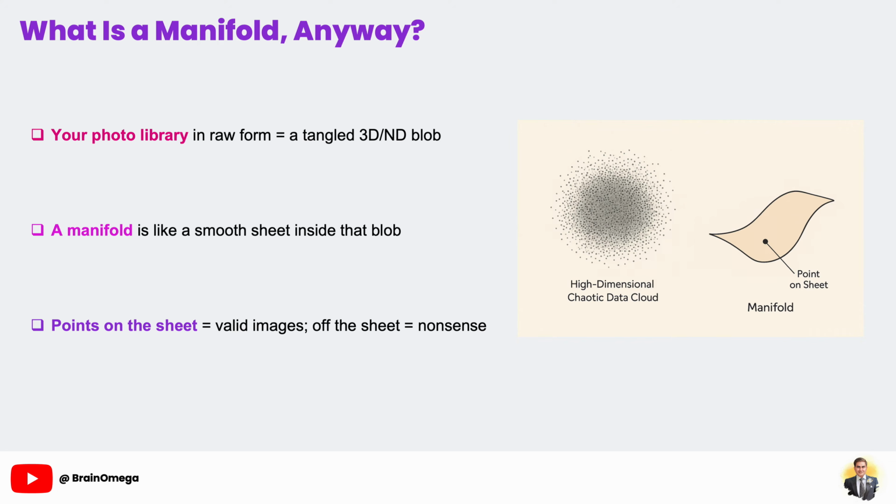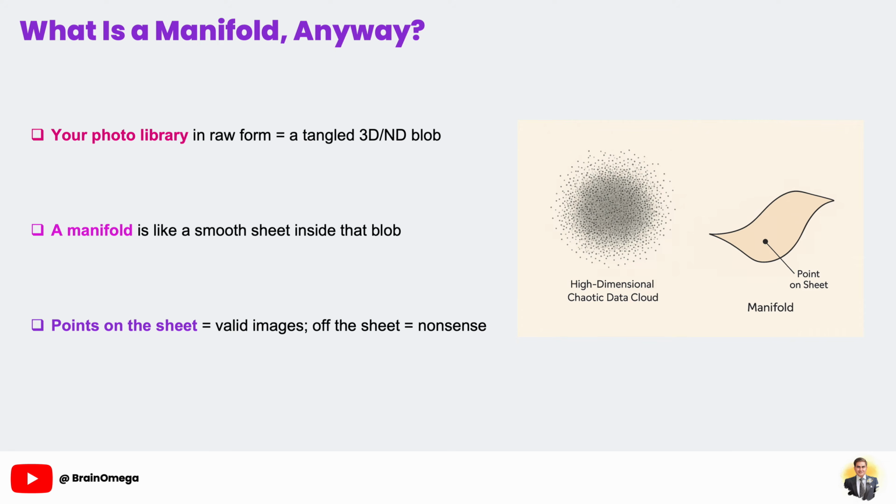But here's the kicker. Even though those photo points live in ridiculously high-dimensional space, they don't fill that space uniformly. Instead, they cluster together on a much smaller, smooth surface that winds and curves its way through the chaos. That surface is the manifold.